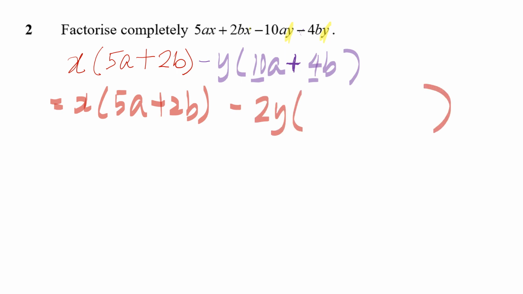So I would have 10 divided by 2, 5a, positive, 4 divided by 2 gives me 2b. And then you see that you have a common factor here, where I can just take it out.